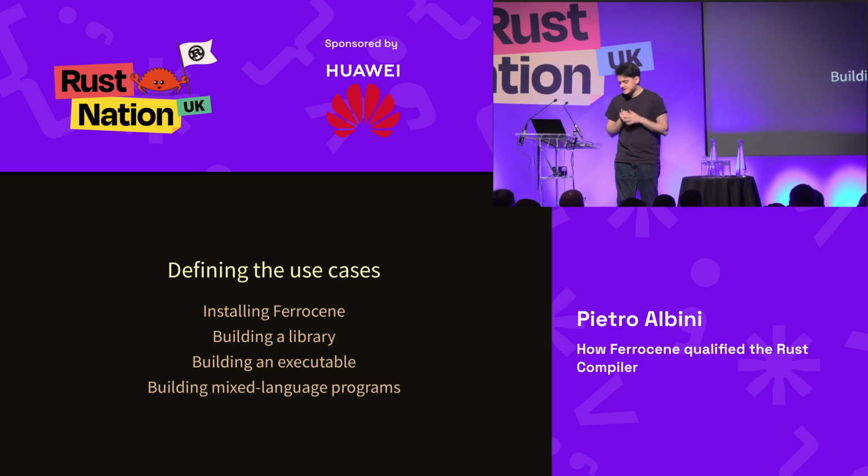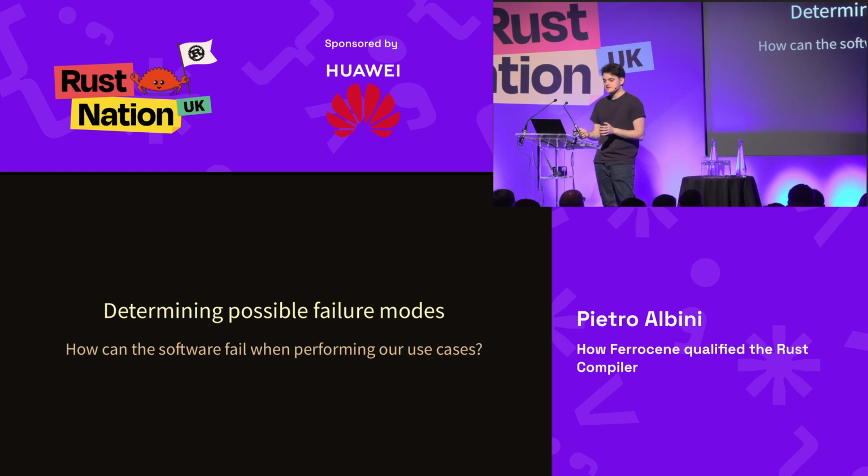And this effort is useful for the next phase, which is, how can the software fail? What are the ways that the tool can introduce a bug, can result in the code that it generates not being what you expected?